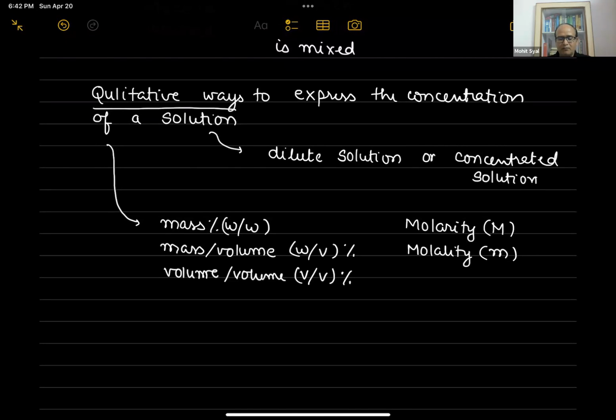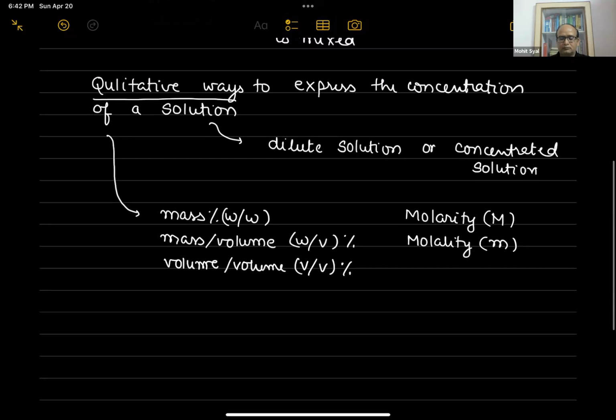Aisha, would you like to add more? So parts per million, mass of solute upon mass of solution, ppm. And there is one more term which uses moles. Marwa, can you recall which has moles in the numerator as well as in the denominator?